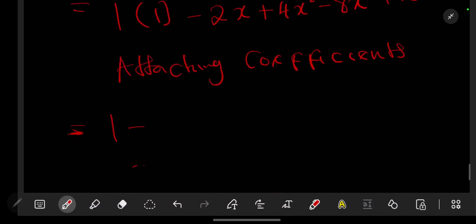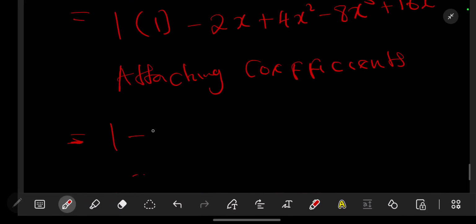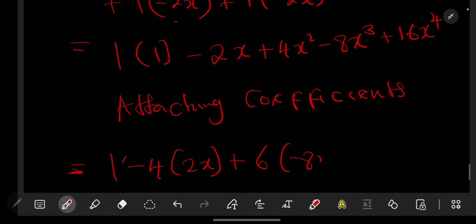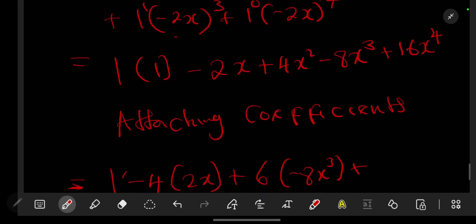The first one is 1, then the next one is 4 by our 2x, but the negative has been written here. Plus the next coefficient is our 6 by our negative 8x to the power 3. Then we have plus our next coefficient.